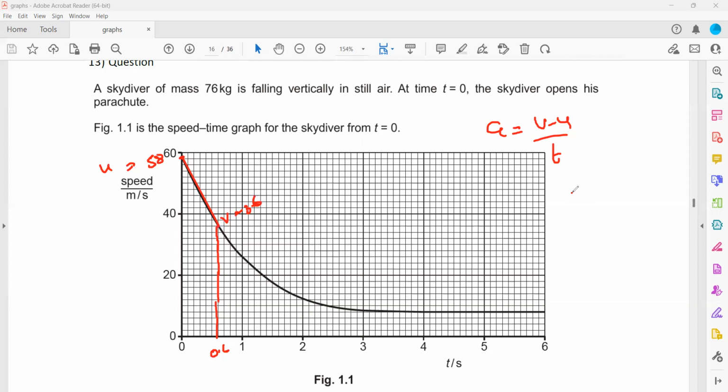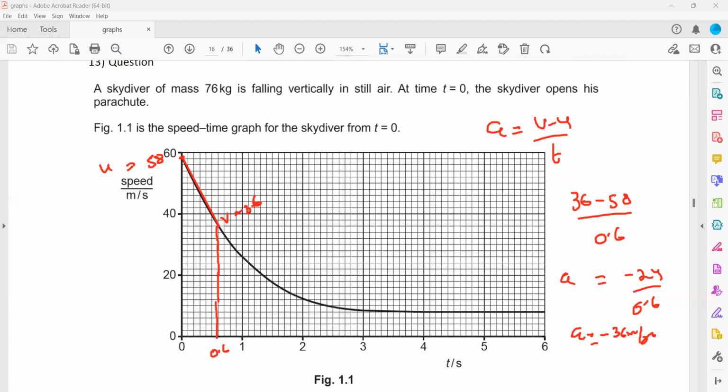The final is 36, the initial is 58, divided by 0.6. So it will be minus 24 divided by 0.6. What's the answer? So the deceleration is minus 36 meters per second squared.